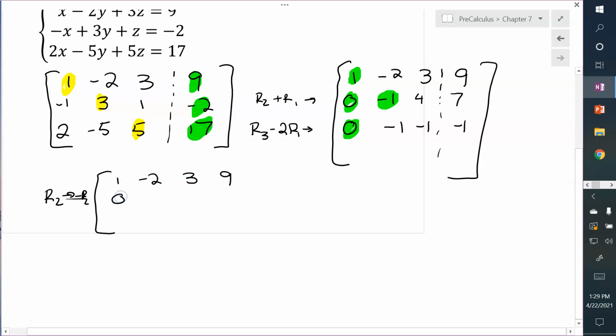I have 0, 1, -4, -7. And actually, let's make row 3 a negative as well. So row 3 is negative row 3. So I get a 0, 1, 1, 1.